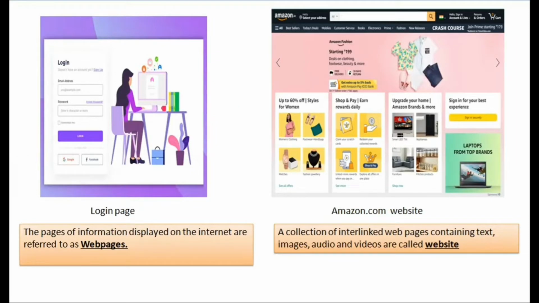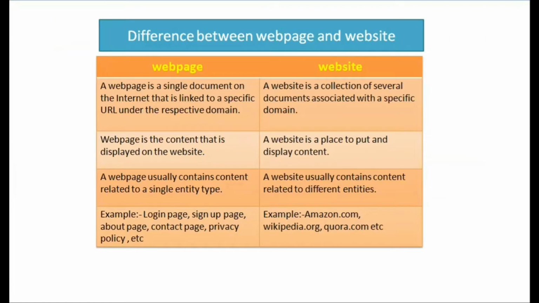So let's see what is the difference between both of them. A web page is a single document on the internet that is linked to a specific URL under the respective domain, whereas a website is collection of several documents associated with the specific domain.